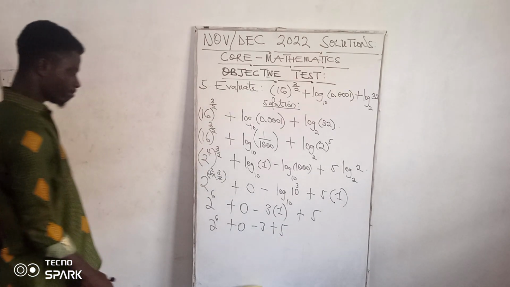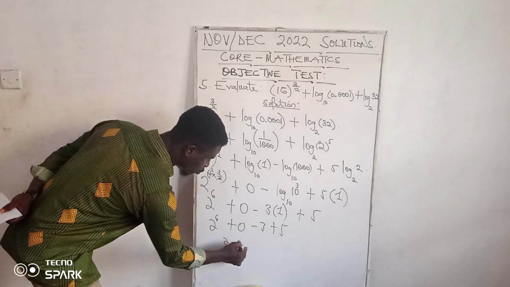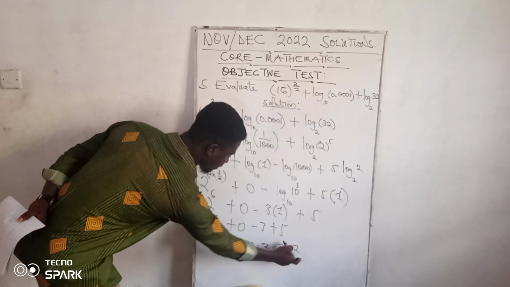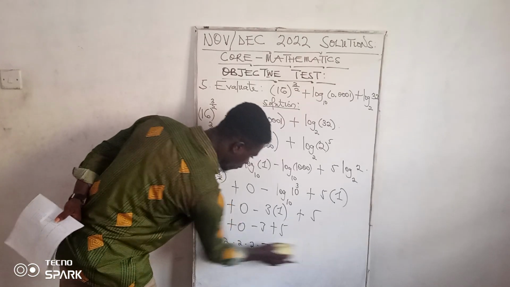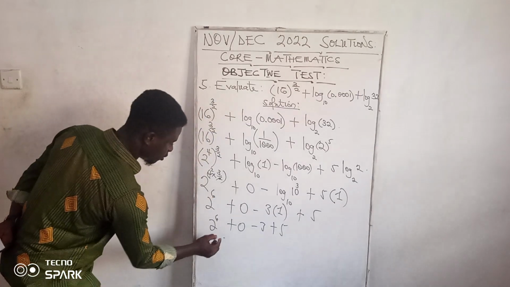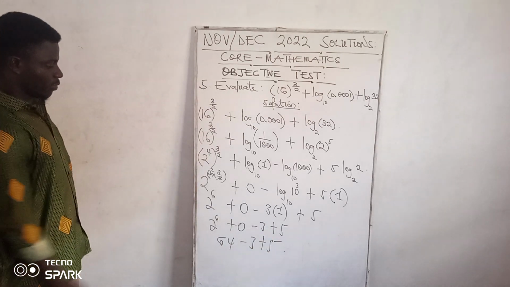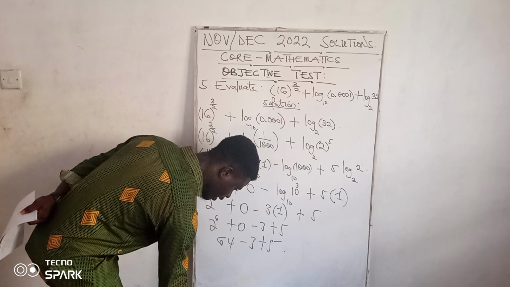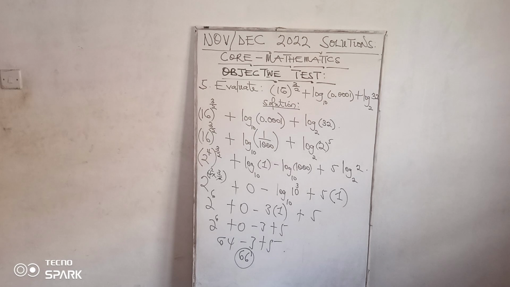So I have 2 exponent 6, which means 2 times 2 times 2 times 2 times 2 times 2. 1, 2, 3, 4, 5, 6. This one gives 8. This one too gives 8. So we get 64. So I have 64 minus 3 plus 5, which is 66.